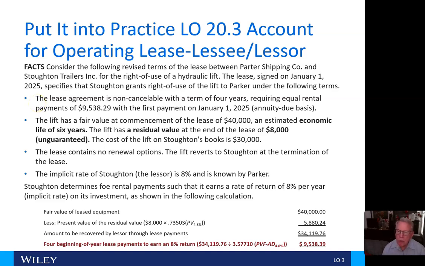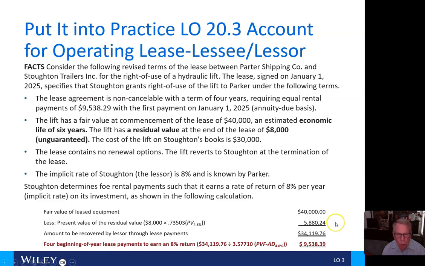Stroughton determines fair rental payments such that it earns a rate of 8% per year, the implicit rate, on its investment as shown in the following calculation. So the fair value of the lease equipment is $40,000.